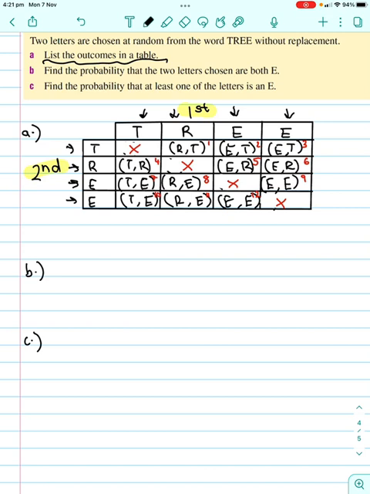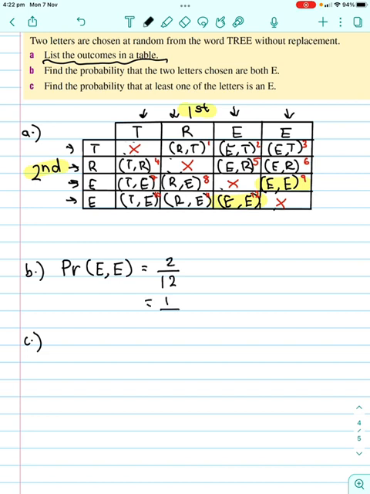So I'm wanting to find the probability that both of my letters are EE. We know it's going to be over 12 because we've just counted 12 possible options. I'm going to use my yellow highlighter and highlight anything that is the option EE. Looking down the bottom where we've got our E's, there's 1, 2. So there are 2 possible options.